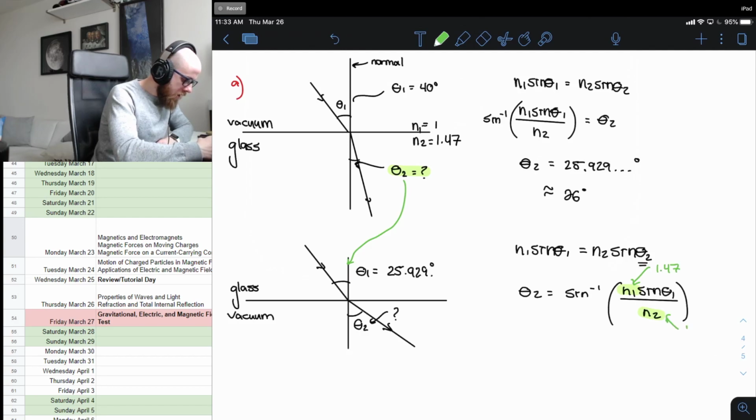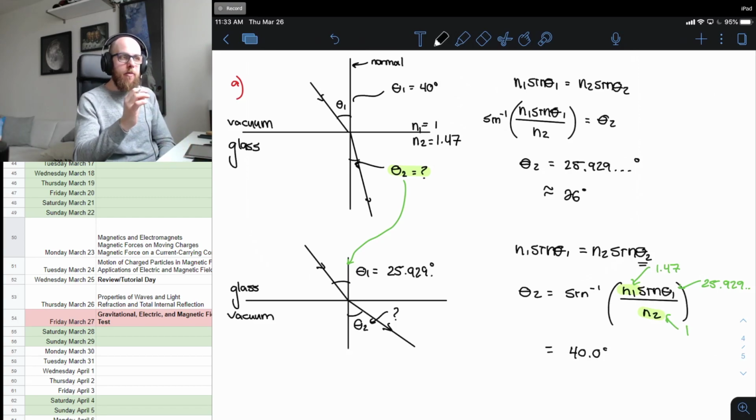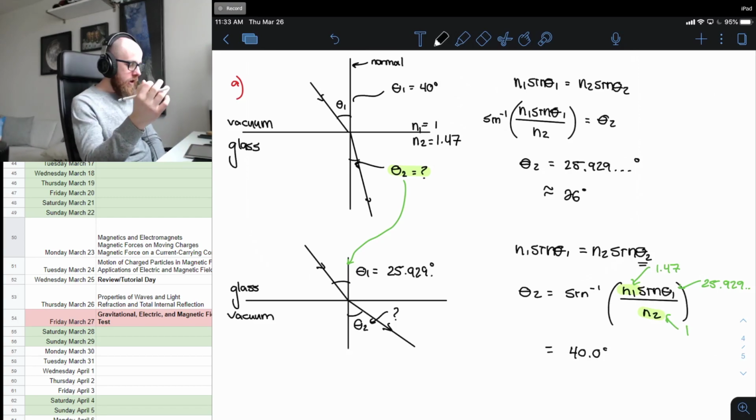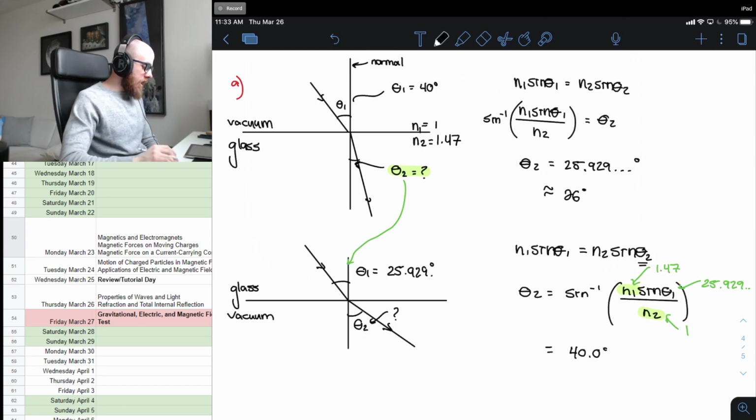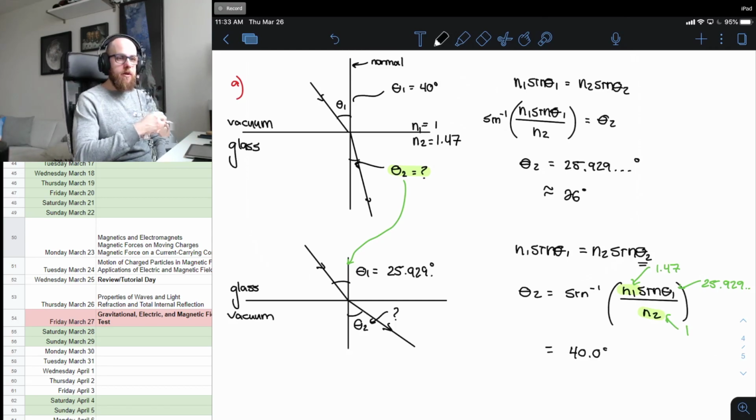N2 is 1. And theta 1 is my 25.929. When I do this, just like you said, Casa, I get a value of 40.0 degrees. So I get the exact same angle as my initial angle of incidence, when the light ray was initially passing into the glass.